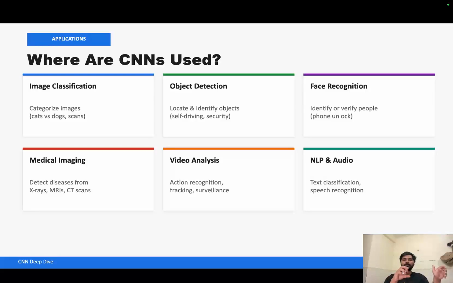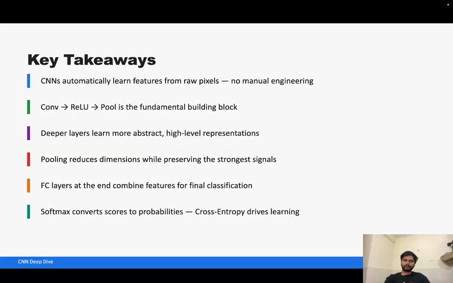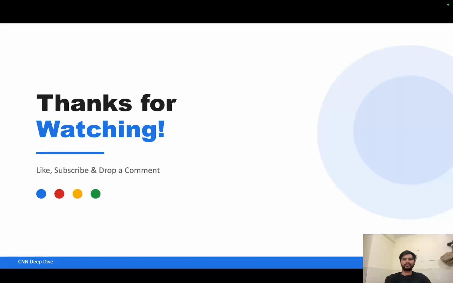Also video analysis, NLP and audio tasks. You can feed any kind of matrix into it and this will work very fine. These are all the things you can think of for CNNs.